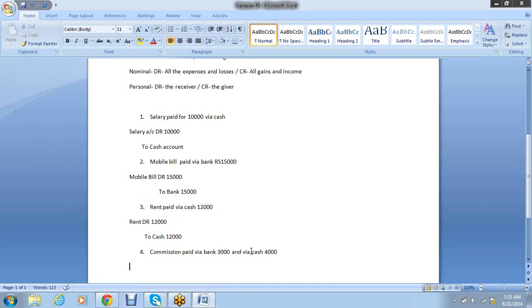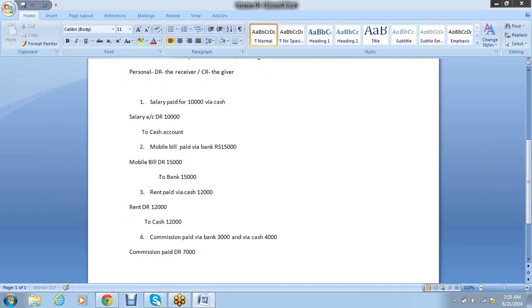I paid the commission, partially from the bank, 3,000, and partially from the cash. So the commission is again an expense account with a total of 7,000. Very good. There are two entries. One is to the bank account, credit, which goes out, and another is the cash account, 4,000.